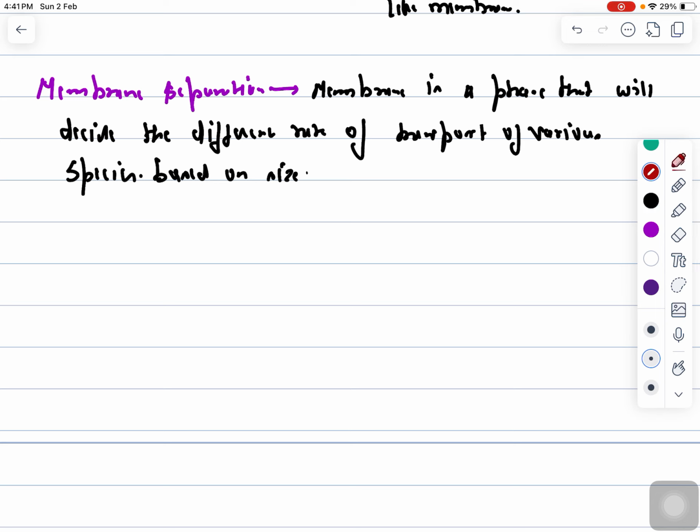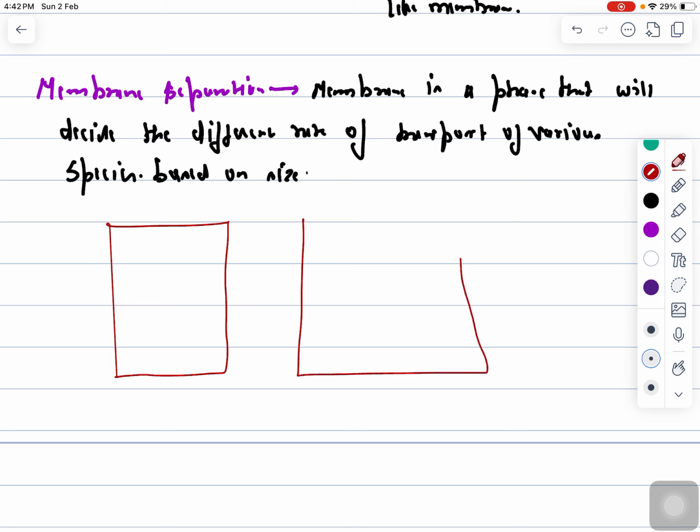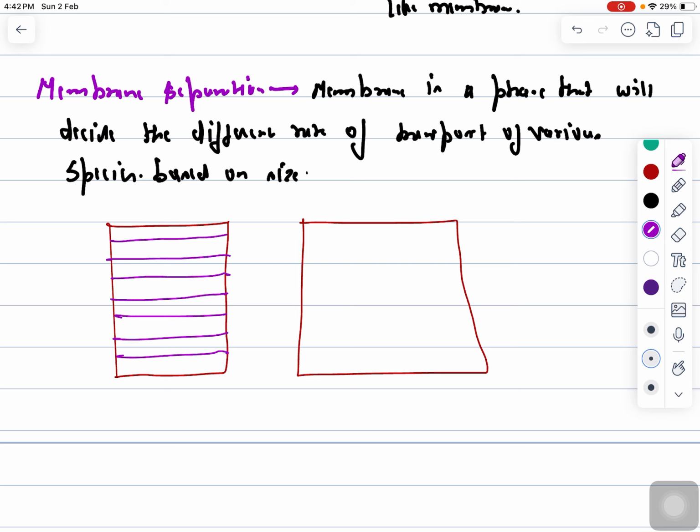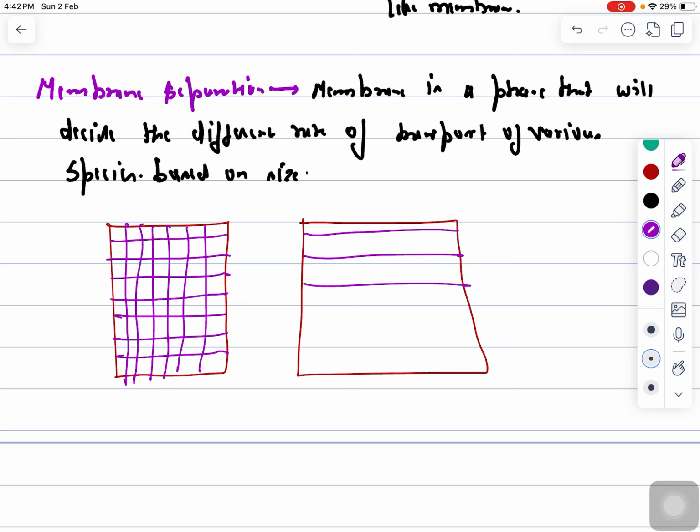So what will happen actually? The membrane size is going to decide which species will transfer and which will not transfer, right? So based on the size of the membrane pore and the size of the particle. So let's say if I am making a membrane something like that, here you can see the pore size is small, and if I am making a membrane something like that, the pore size is large.